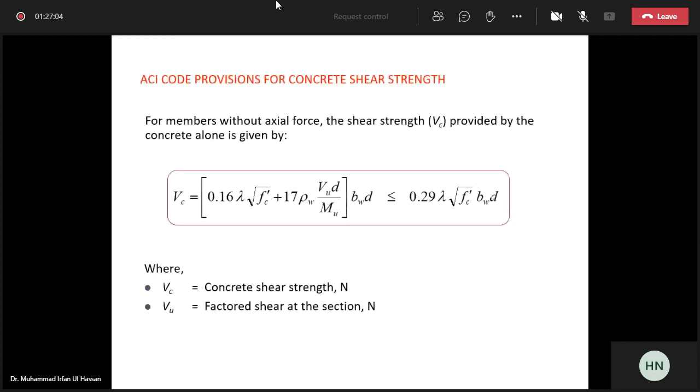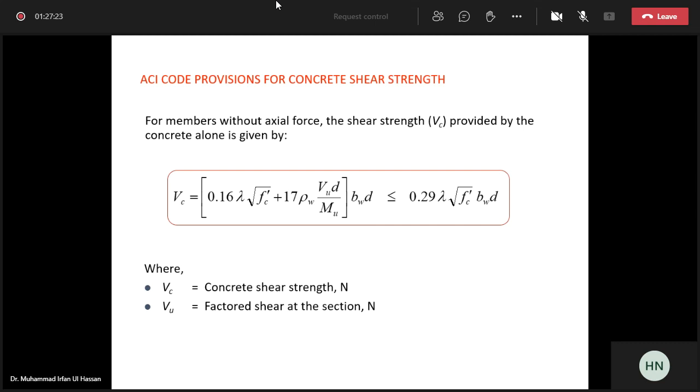Now our next topic: there are certain limitations of the coefficient method for the slab system. The next topic is again slab system design, because the coefficient method can only be applied to slabs with edges resting on all sides.